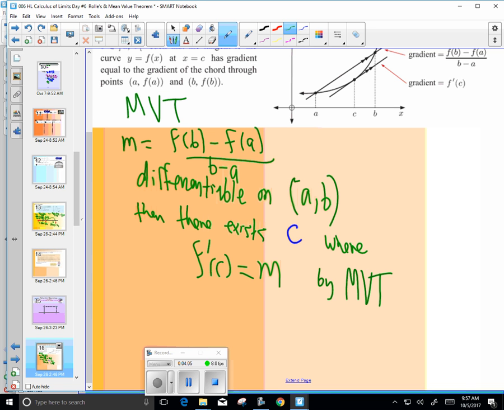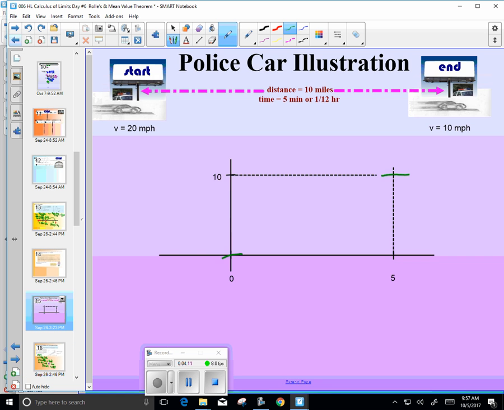Well, that totally doesn't make sense, does it? But back in the 50s, it made sense to police. Back in the 50s, they didn't have radar guns, and so what they did is they staked out two places. Let's say that you have two places 10 miles apart. They wouldn't go 10 miles, but we'll just keep it simple.